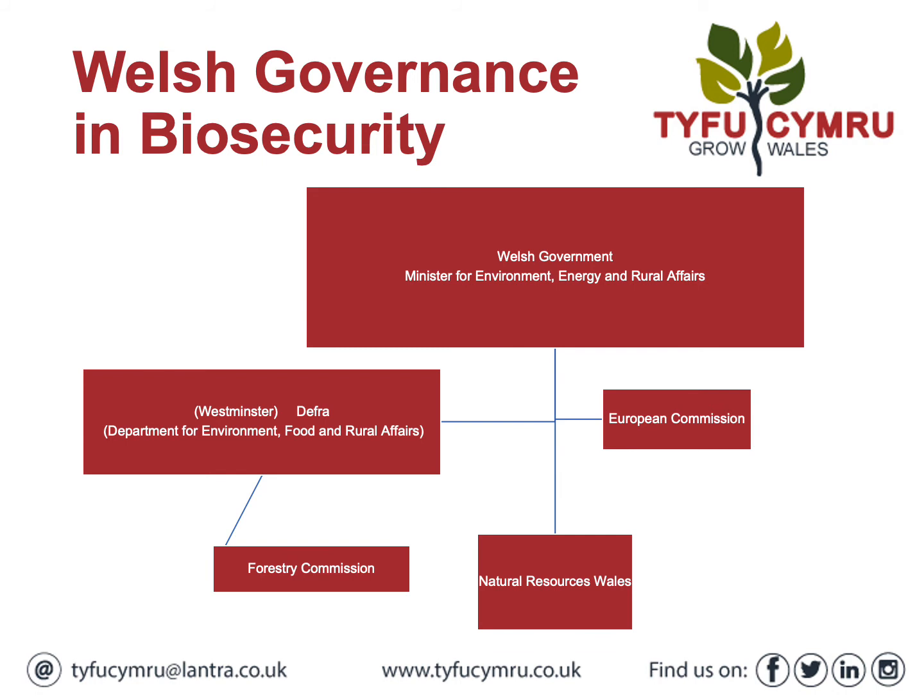And Natural Resources Wales comes under the authority of the Welsh Government, and Natural Resources Wales is responsible for forestry and woodlands. In England, the Forestry Commission has that function, and the Forestry Commission reports into DEFRA.